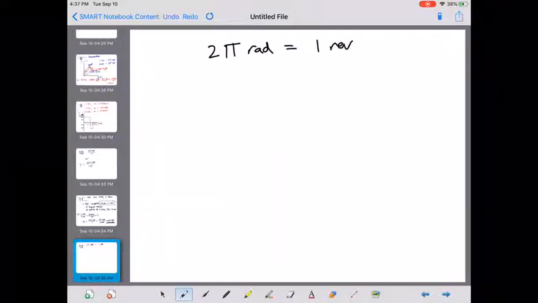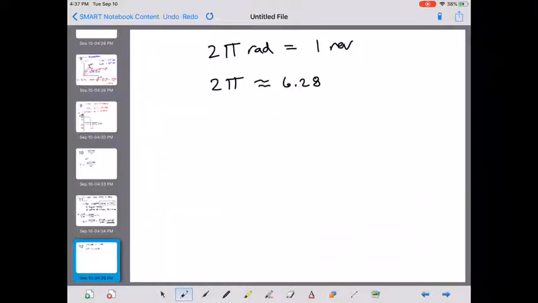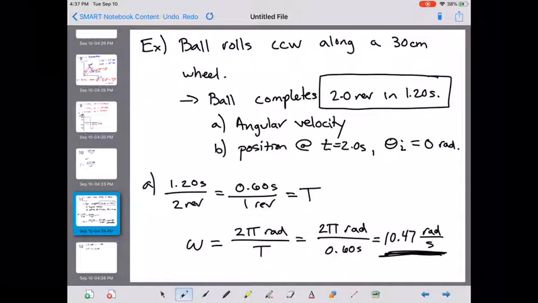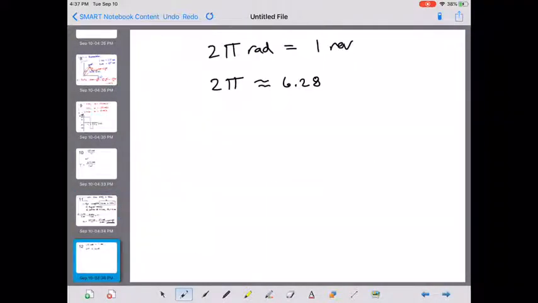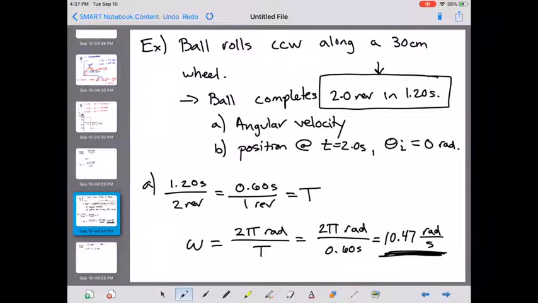Now 2 pi is about equal to 6.28. So looking at 10.47 radians per second, that means that we're almost doing 2 full rotations in 1 second. And that makes sense based on what we were given, because here it says 2 full rotations in 1.2 seconds. So our answer of 10.47 kind of makes sense.